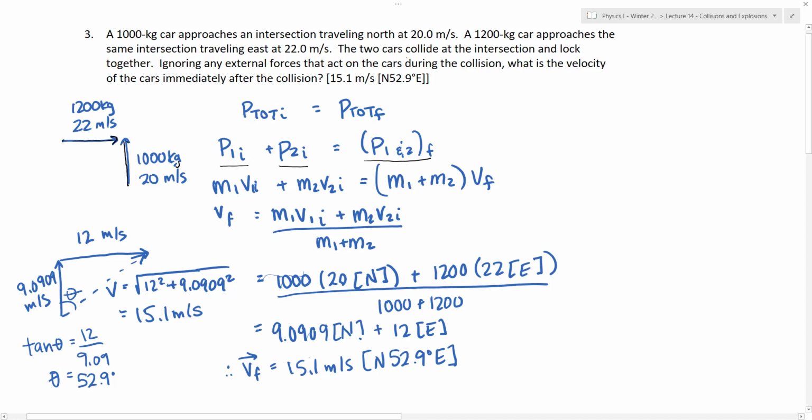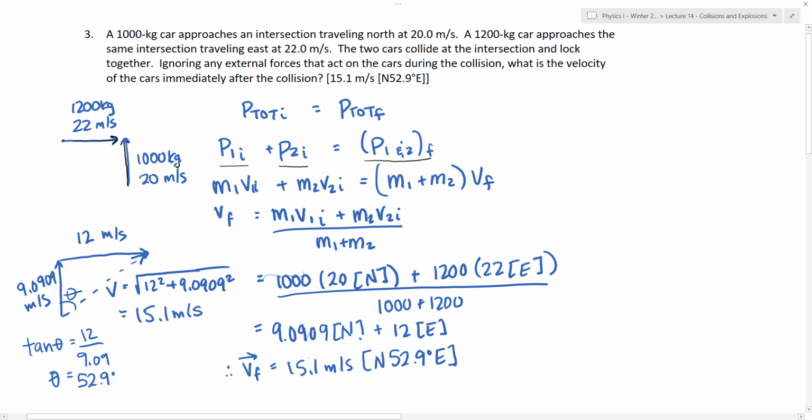So m1v1 initial plus m2v2 initial equals their masses combined, m1 plus m2, times their final velocity. Since they're stuck together, we only have one final velocity. We're treating them as one big object with a mass of m1 plus m2. So when I solve for v final, I get m1v1 initial plus m2v2 initial over m1 plus m2. Okay, so that's all fine.